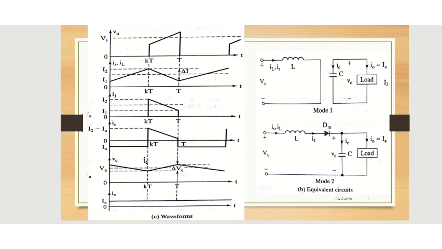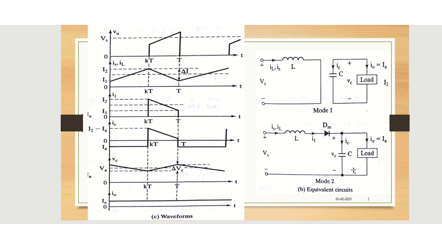If you observe the voltage across the capacitor, we will start from here. When the power switching device is turned off, that is when the circuit is in mode 2, the energy stored in the inductor will be flowing through.